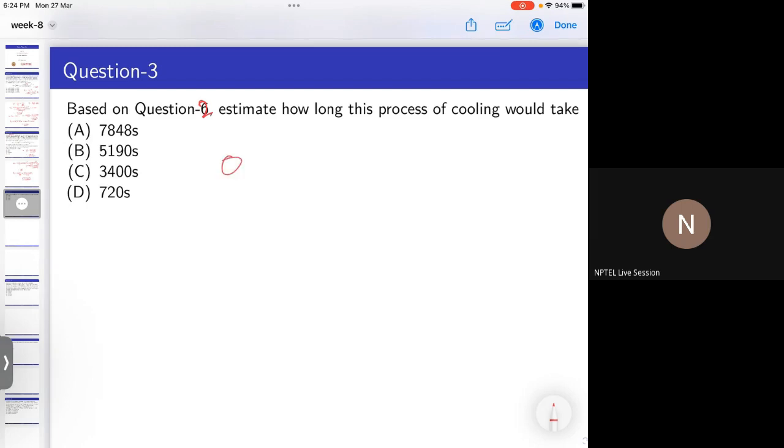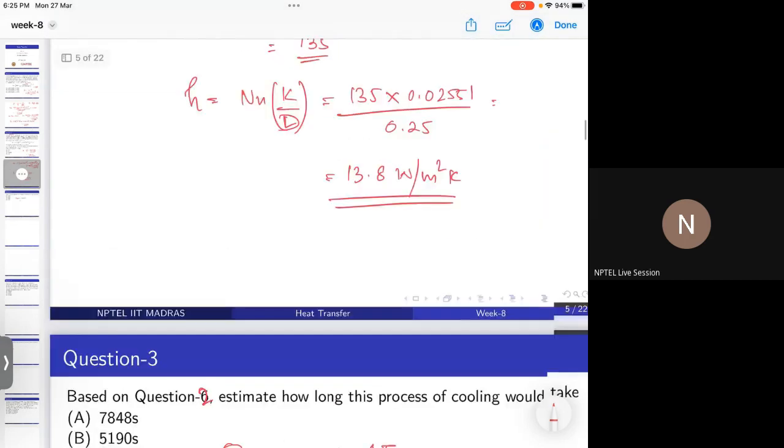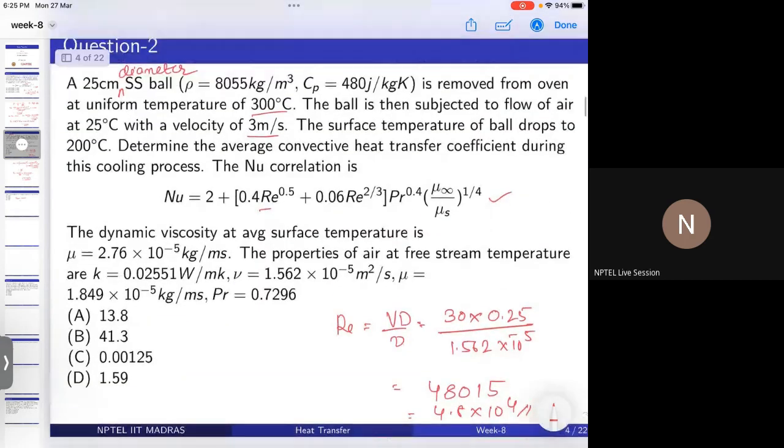What is Q board? That is m Cp delta T. M is the mass of the board, which we have to find out. That is rho times V. Density is given and we have to find the volume.